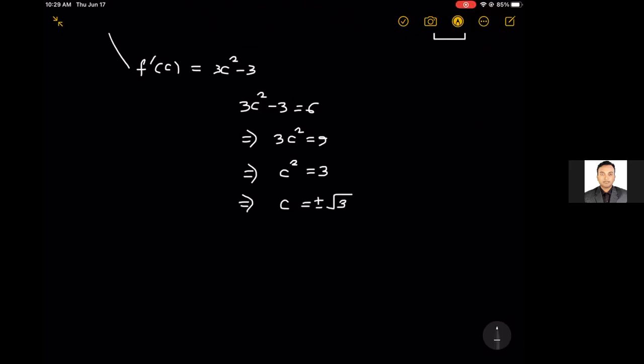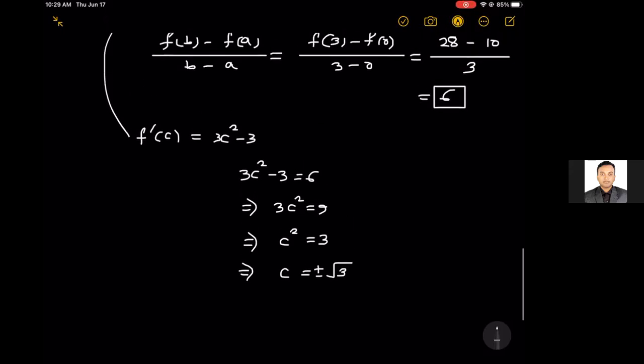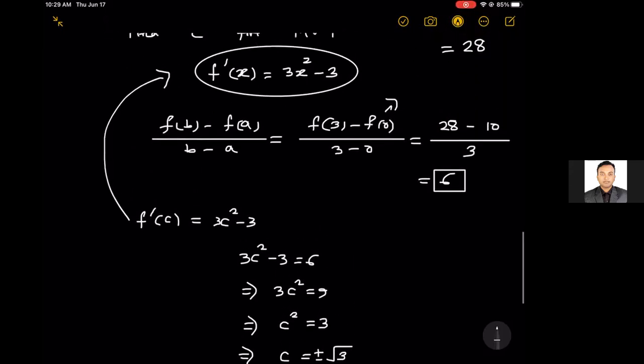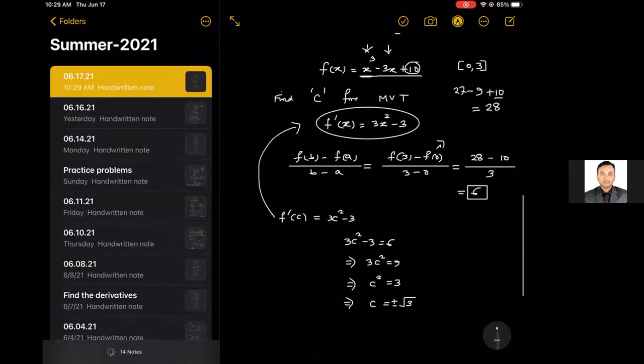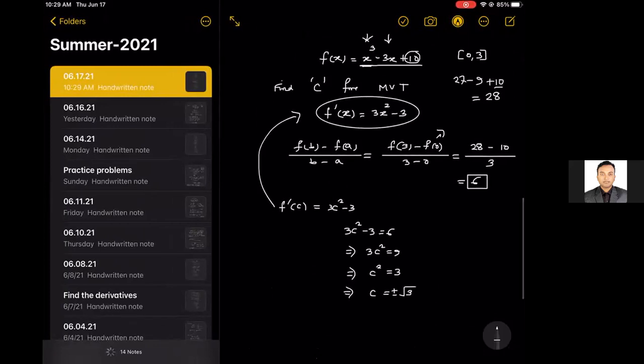Do you agree? Or is there more we can do here? Let me show the entire question here. Can we do more? It can't be minus square root of 3 because it's not in the actual interval. Very good. Excellent.